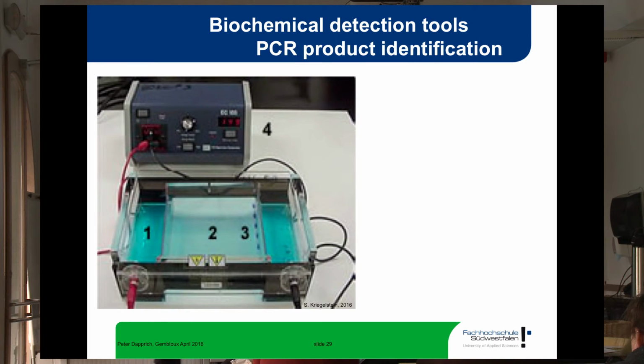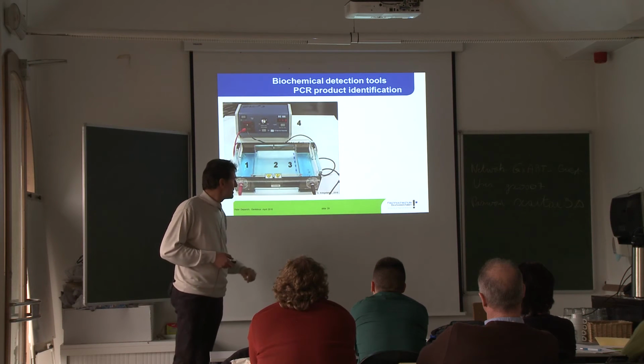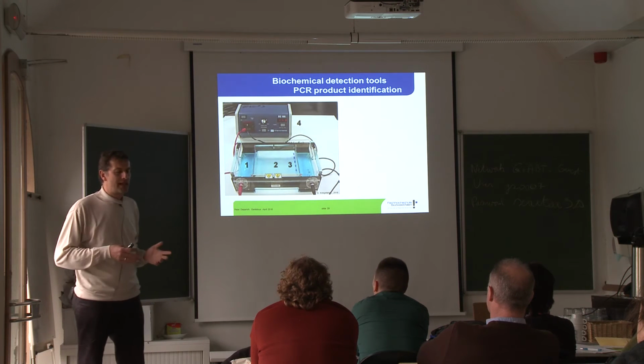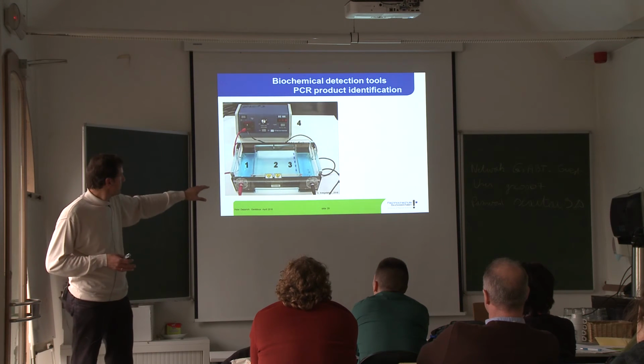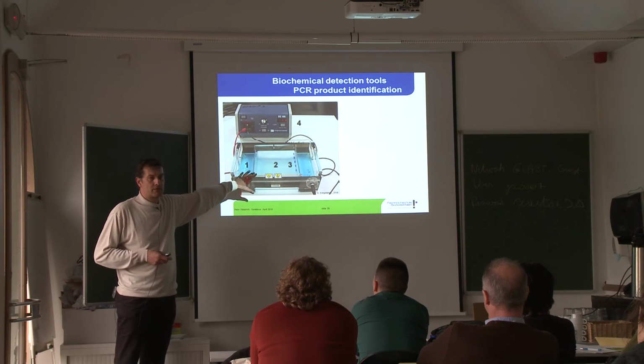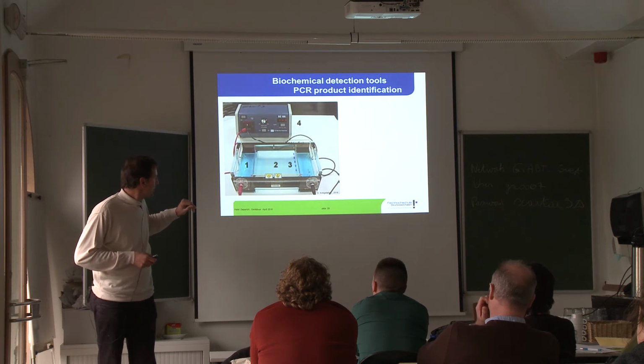And then usually you put it onto agarose gels. Here is the sample that you wish to analyze. DNA is charged negative, so it will go into the electric field to the positive part. Is it correct? Yeah. I always mix it up.